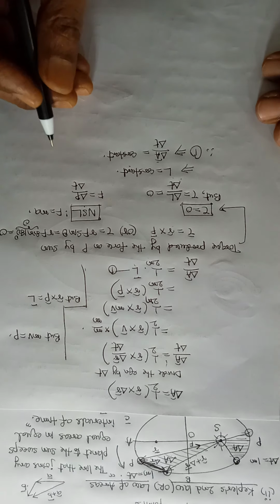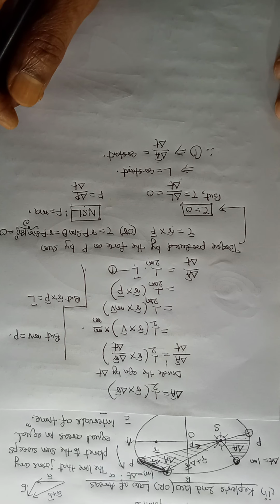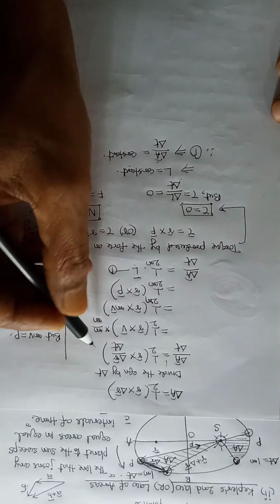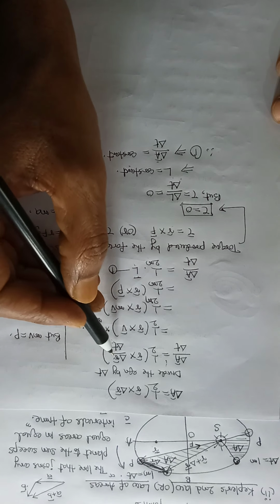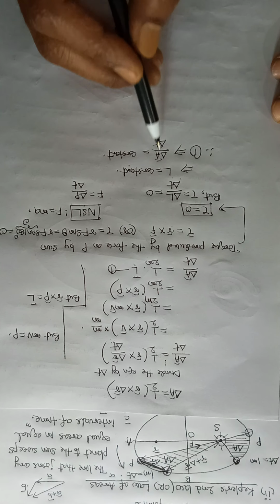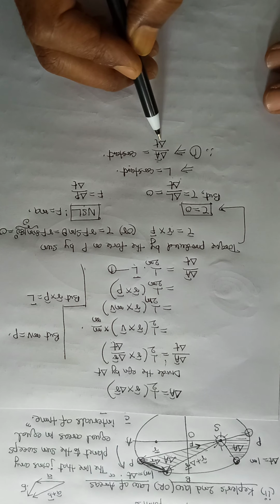What does delta A by delta T suggest? Displacement by time gives velocity. Similarly, area by time gives areal velocity.